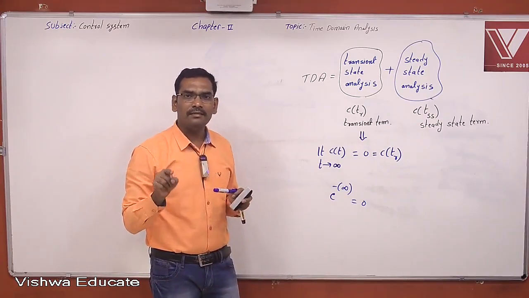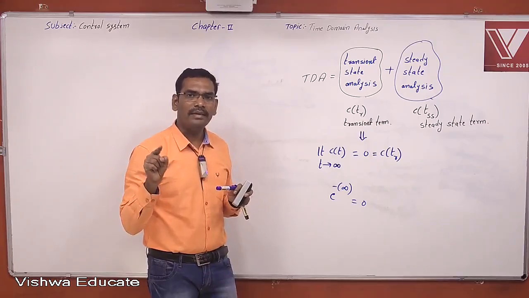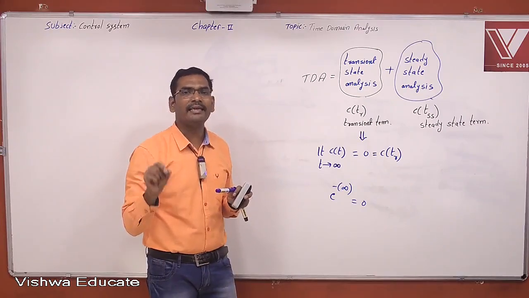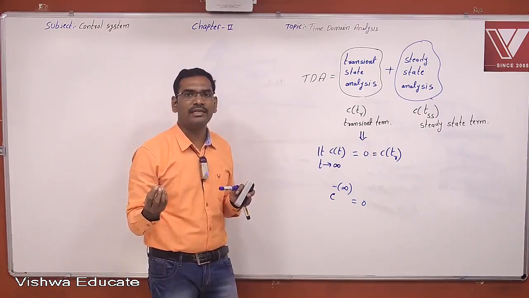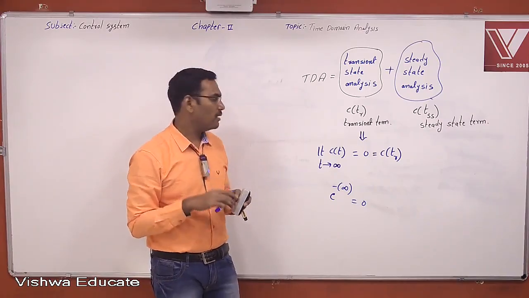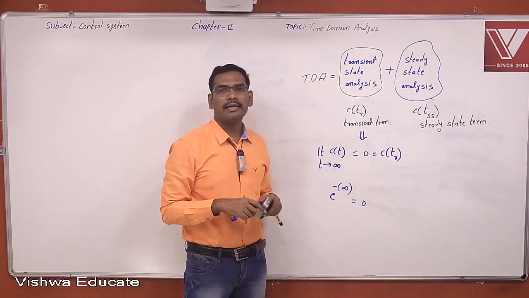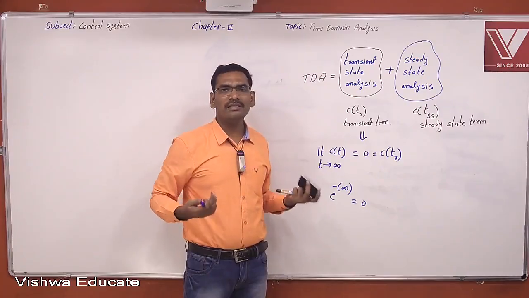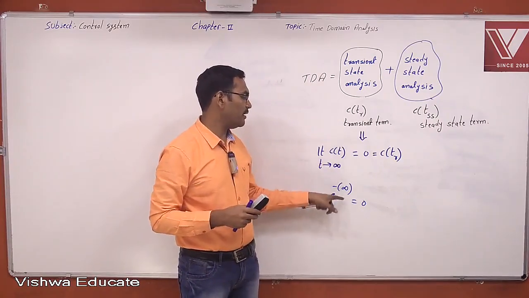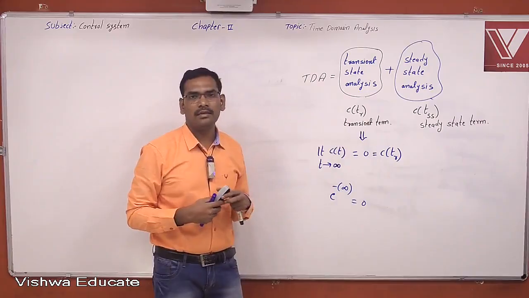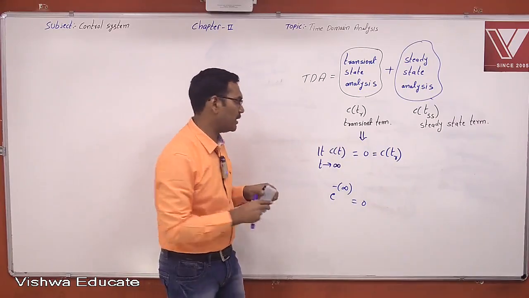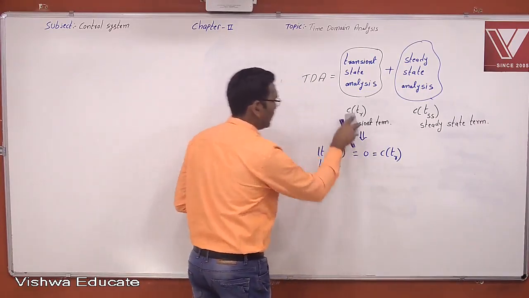If any term is an exponential decaying multiplied with anything, that term comes under the transient term. Sir, only an exponential term is also a transient term, because as t tends to infinity, exponential decaying is nothing but 0. Only exponential decaying, not exponential increasing. Okay, this is the transient term.